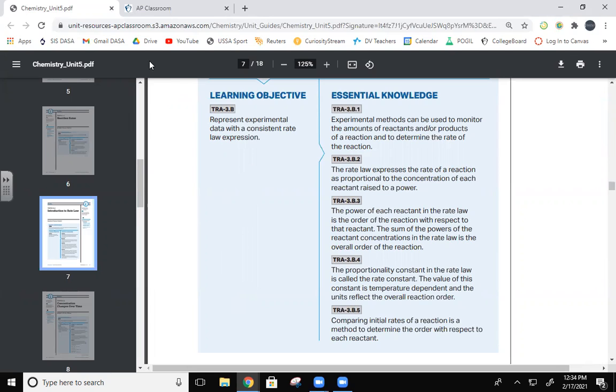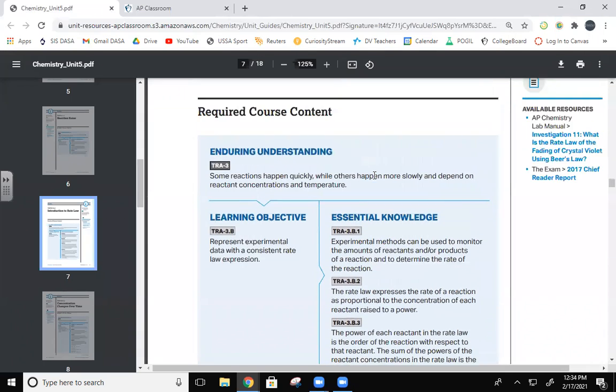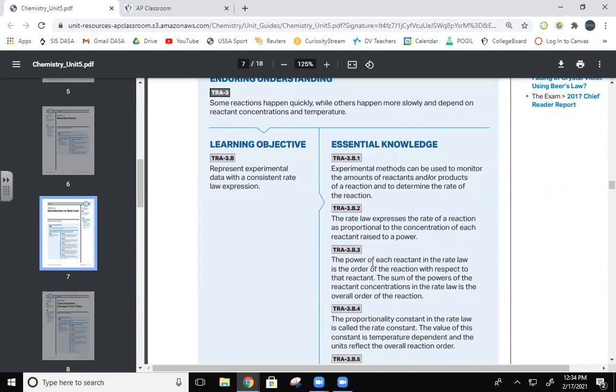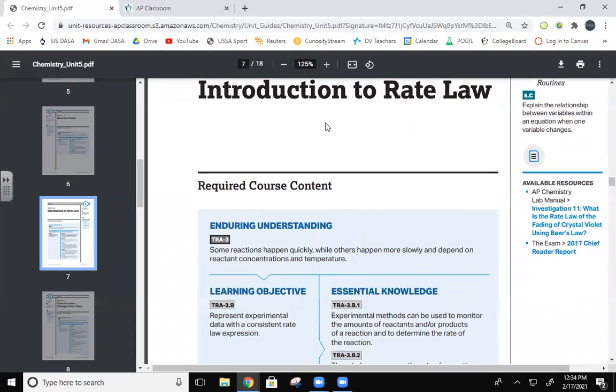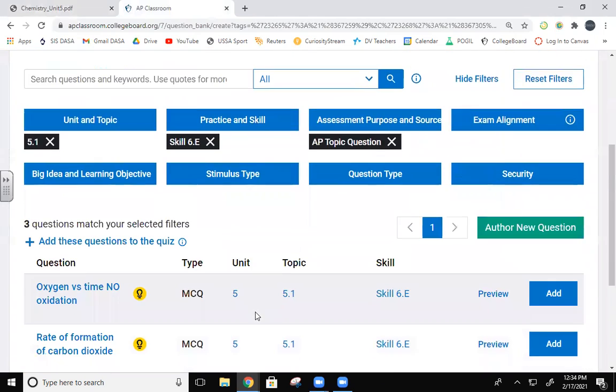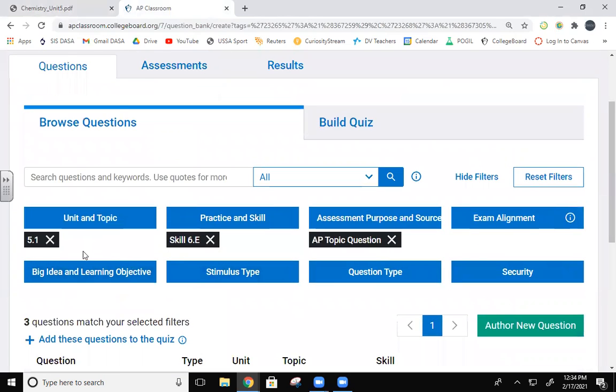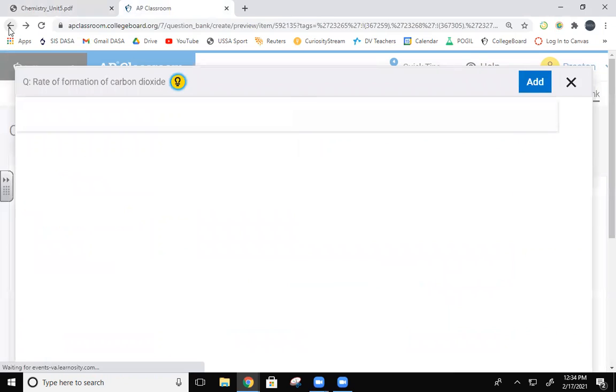So let's look and see here. This is 5.2, B3. Let's see if there are some practice problems on this. 5.2. Wait, you said you weren't doing it.